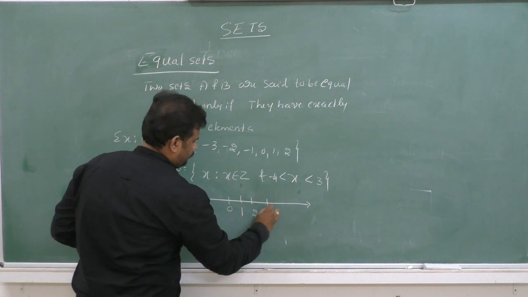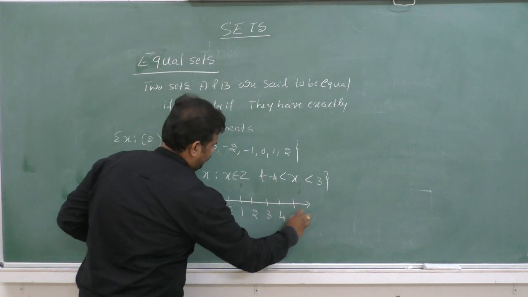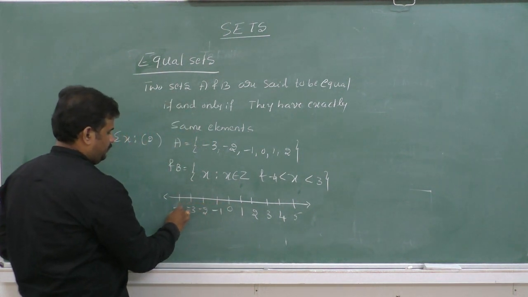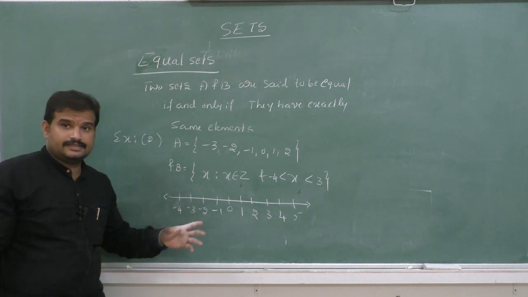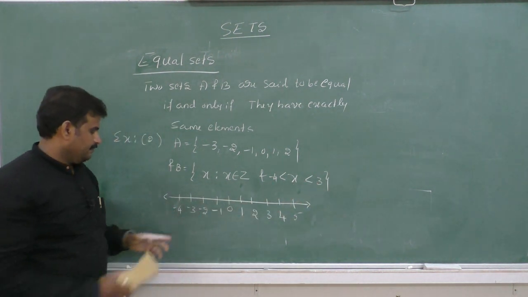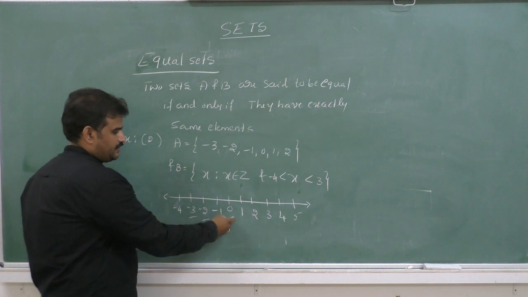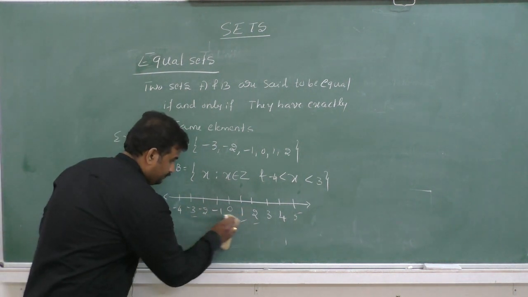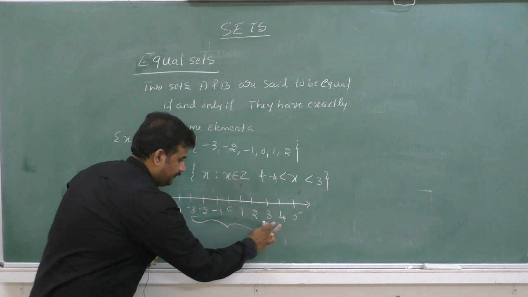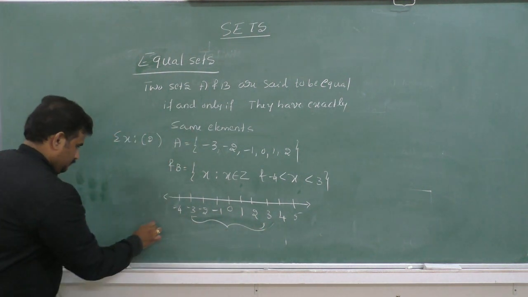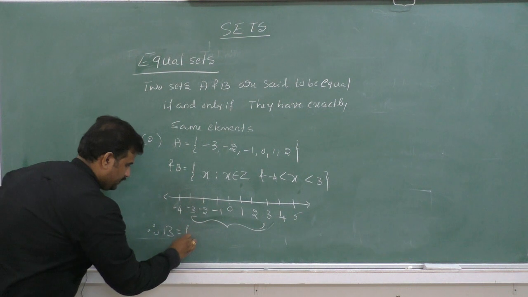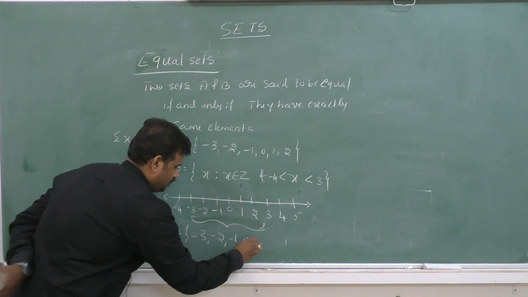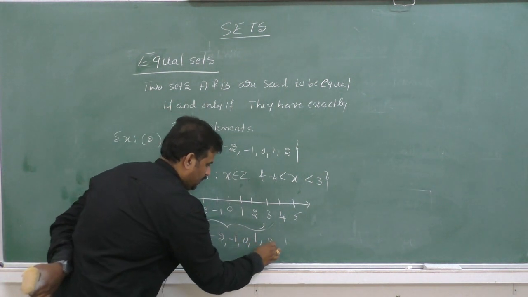What are the integers that lie between minus 4 and 3? Minus 3, minus 2, minus 1, 0, 1, 2. These are the integers between minus 4 and 3. Therefore, your B is minus 3 comma minus 2 comma minus 1 comma 0 comma 1 comma 2.